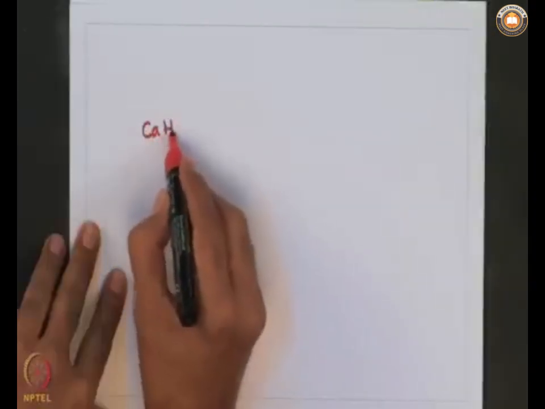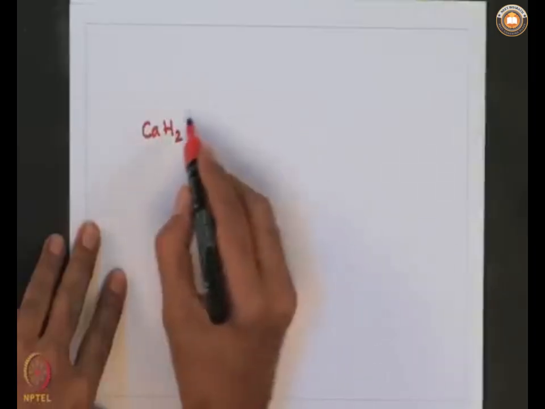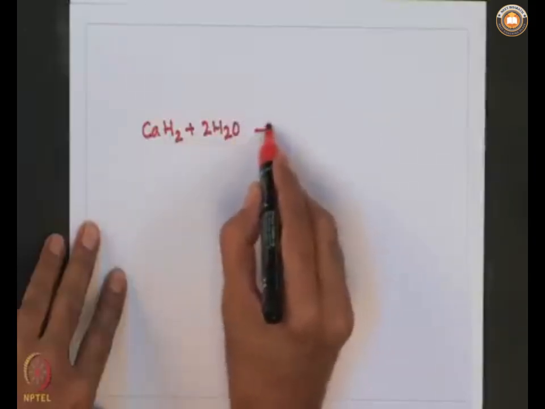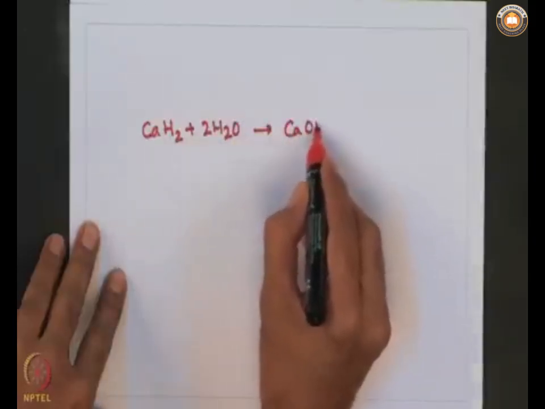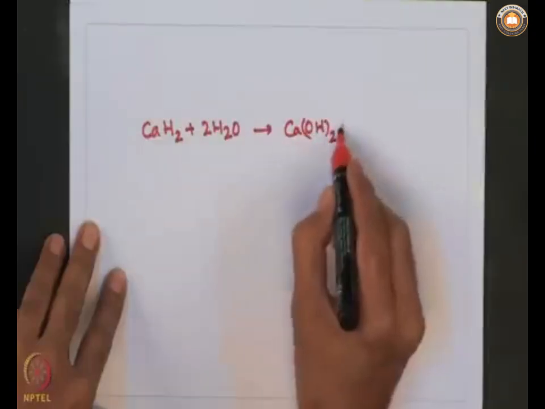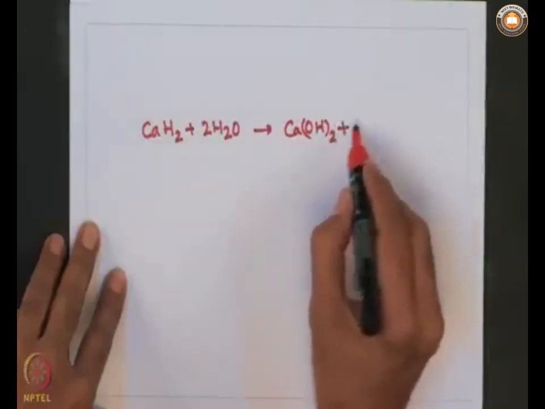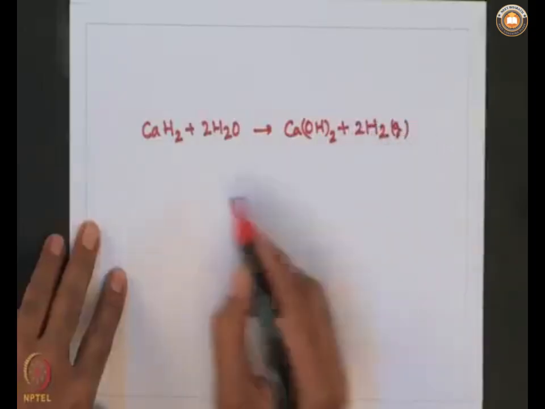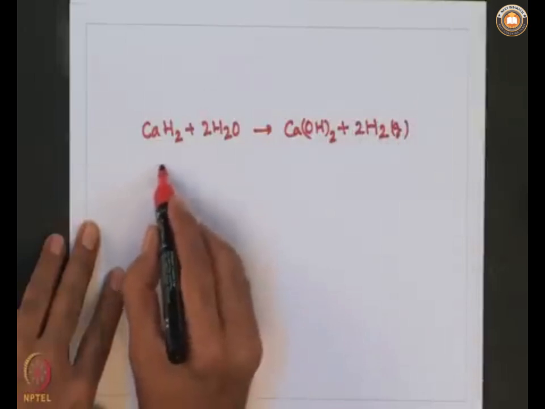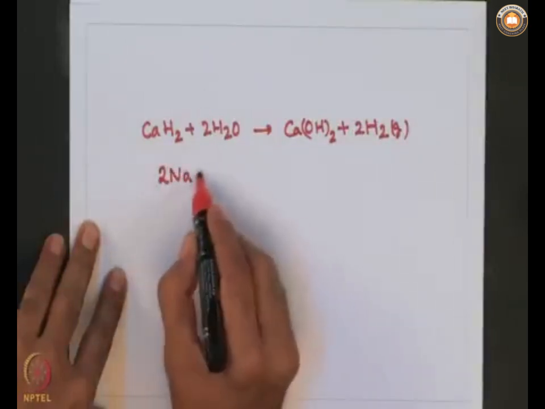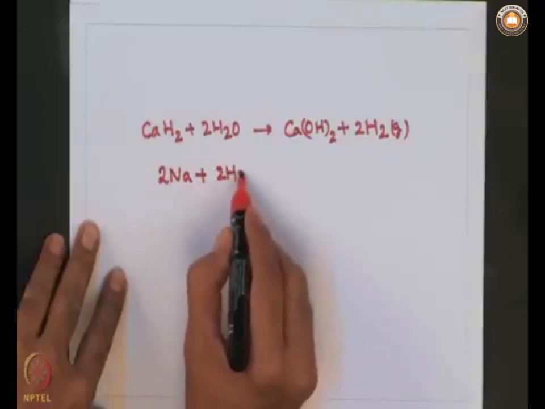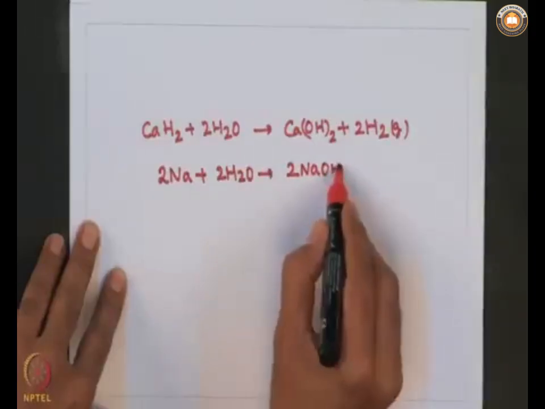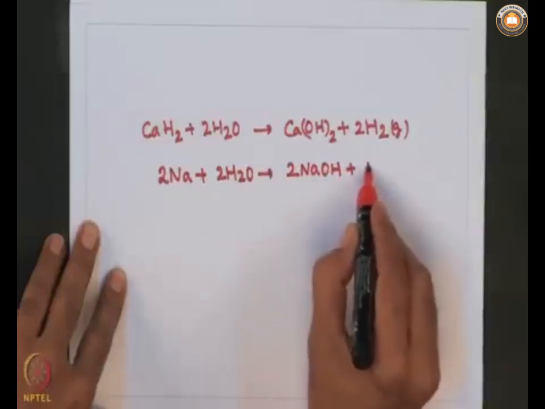Calcium hydride on hydrolysis forms calcium hydroxide and H2 gas will be liberated. Similarly, sodium, when it is reacted with water, sodium hydroxide is formed and H2 gas is liberated.